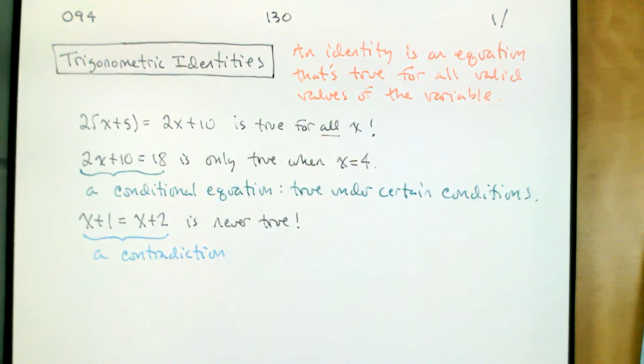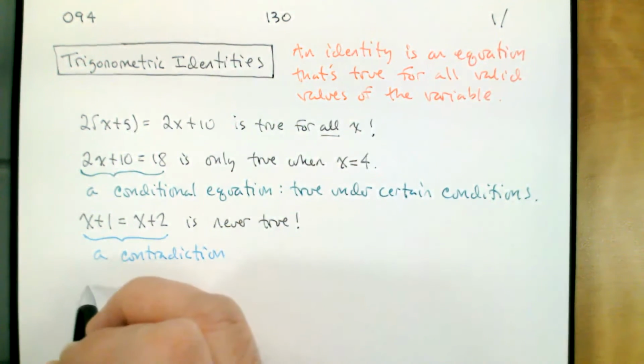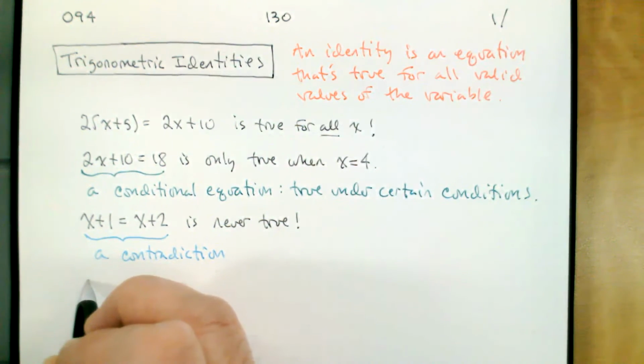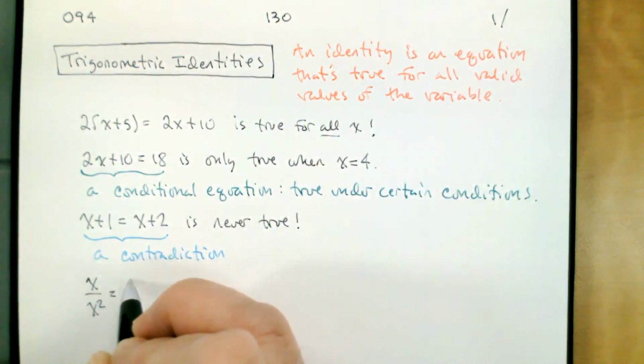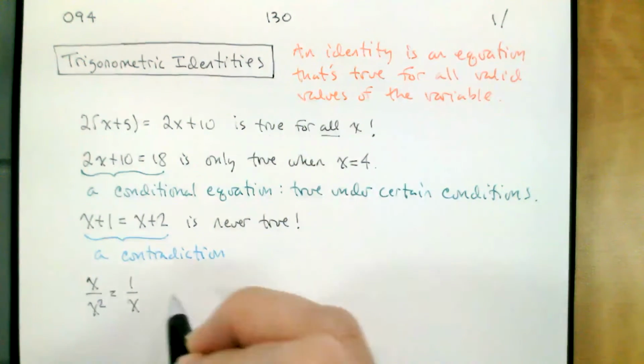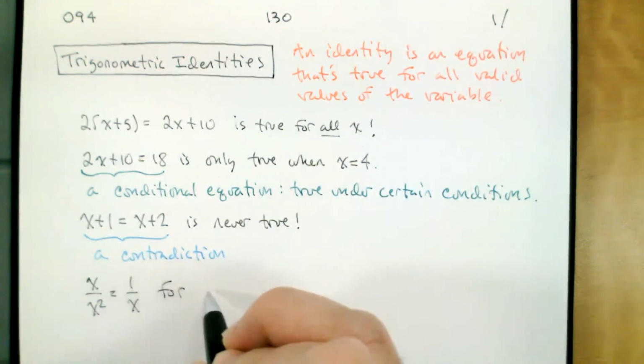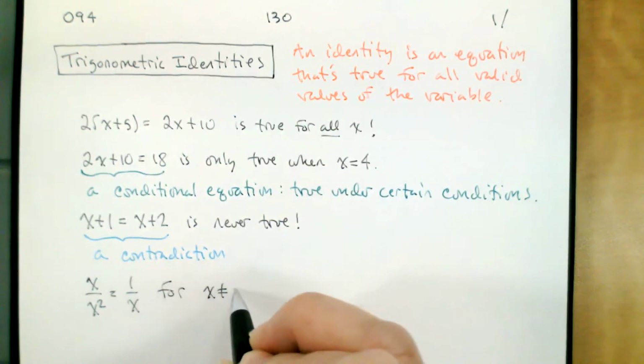We have to make sure that some exclusions apply, because we can have an identity that's not true for some values of the variable because the expression isn't defined. So, for example, x over x squared is the same as 1 over x, as long as x is not 0.